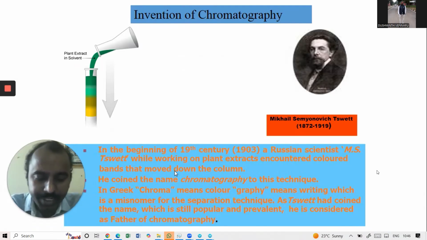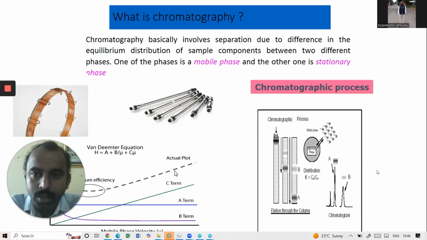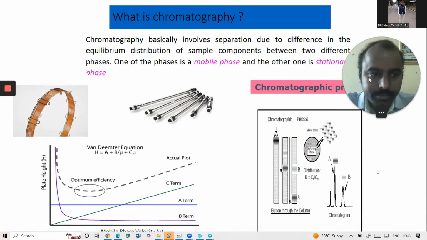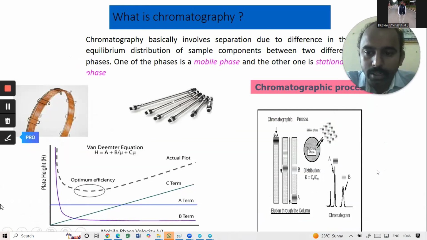Further, if you see, chromatography involves separation of two components, that is equilibration between stationary phase and mobile phase. What do you mean by equilibration? Suppose a component, you see this slide, in this you have a stationary phase, that means which is stationary, which will not move, and the other one is a mobile phase which continuously moves onto the column.